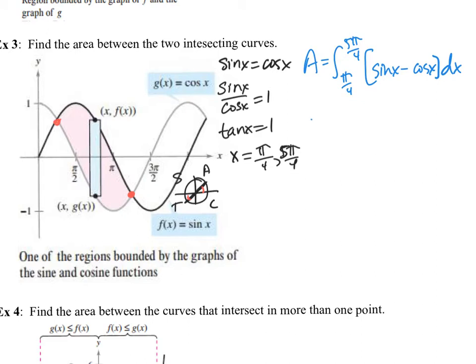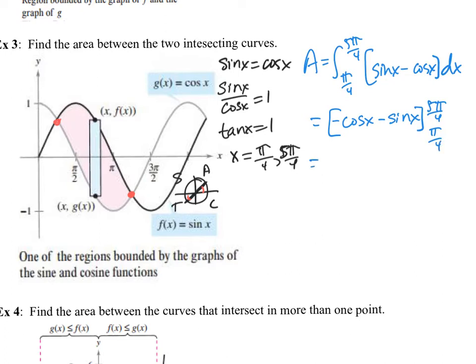All right, so now let's find the antiderivative. The antiderivative of sine x is negative cosine x, and then minus the antiderivative of cosine x, which is sine x. All right, and we'll evaluate that at 5 pi over 4 and at pi fourths, and then we'll subtract.